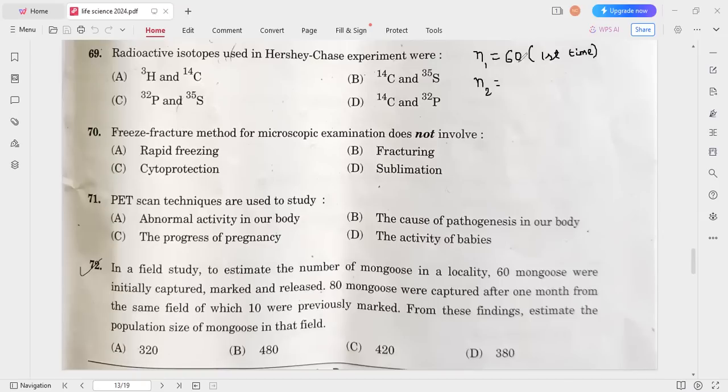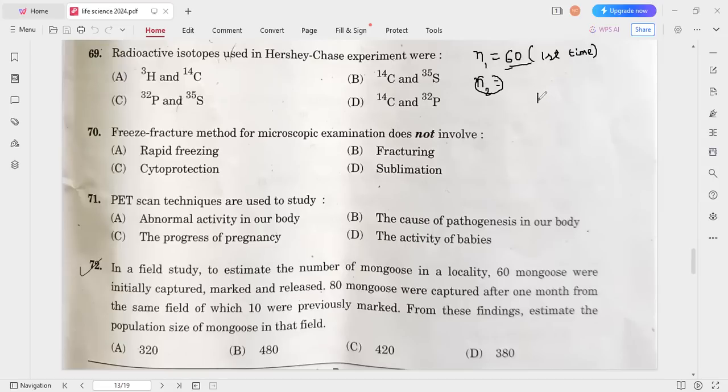In the first time, 60 mongoose were caught. Here we have to use the formula. N1 is 60.